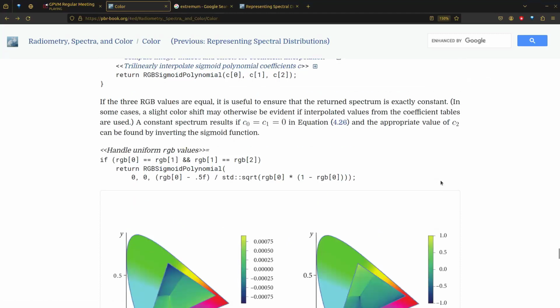All right, so if the three RGB values are equal, it's useful to ensure that the returned spectrum value is exactly constant. In some cases, a slight color shift may otherwise be evident if interpolated values from coefficient tables are used. A constant spectrum results when C0 equals C1 equals 0. The approximate value of C2 can be found by inverting the sigmoid function.